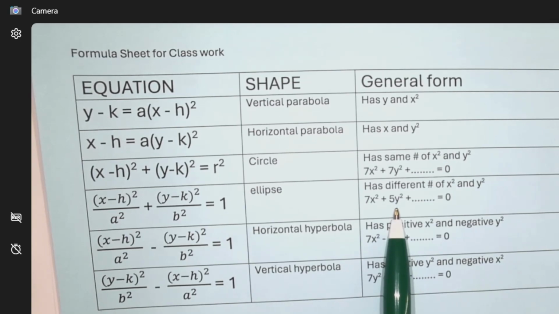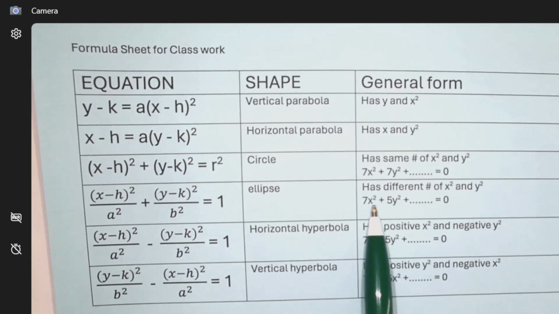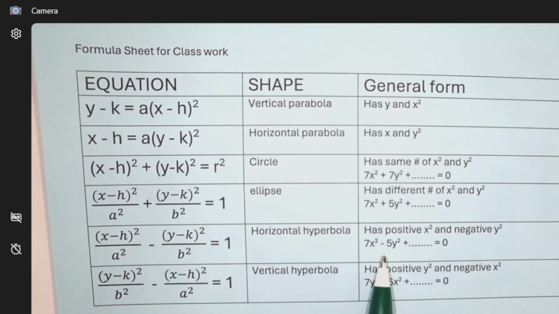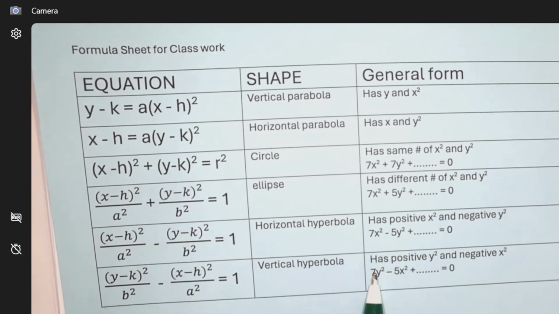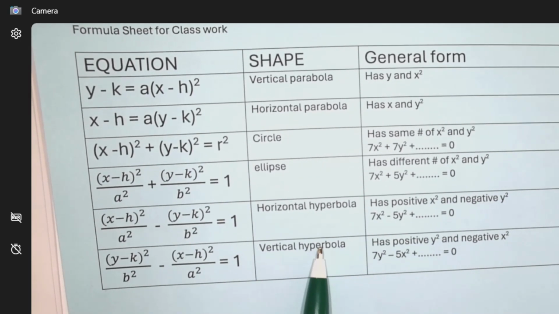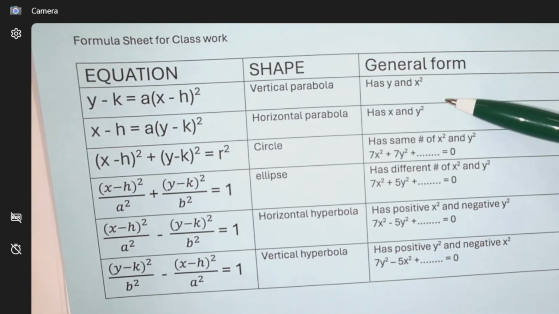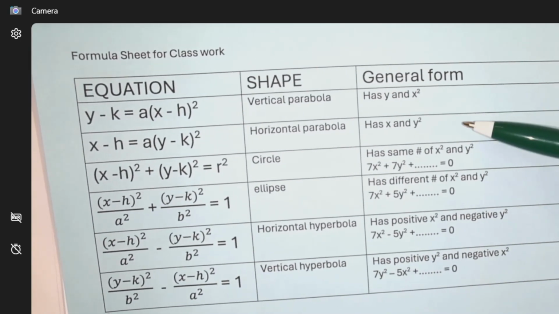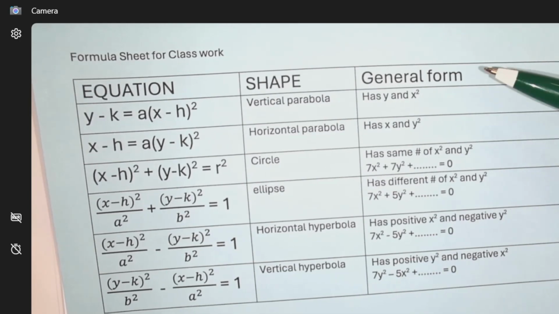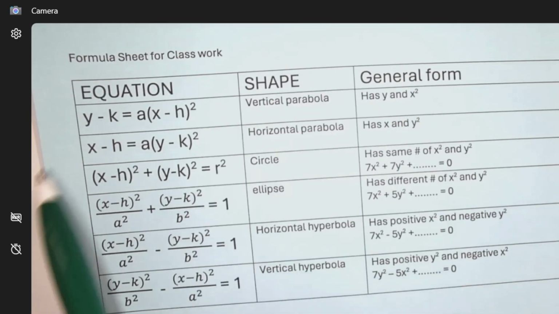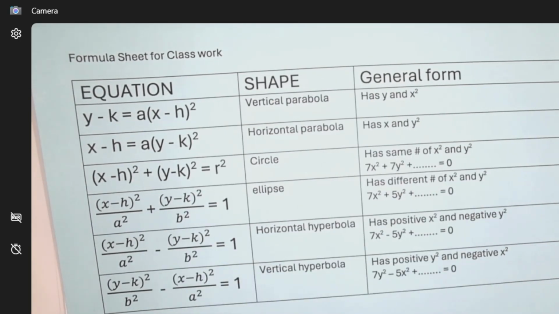But here it's an ellipse because I have different amount of x squareds and y squareds. As soon as you see something with a subtract, then that's a hyperbola. As soon as you see one of the variables doesn't have a square, it's a parabola. Okay, so this sheet you can use for reference with that.